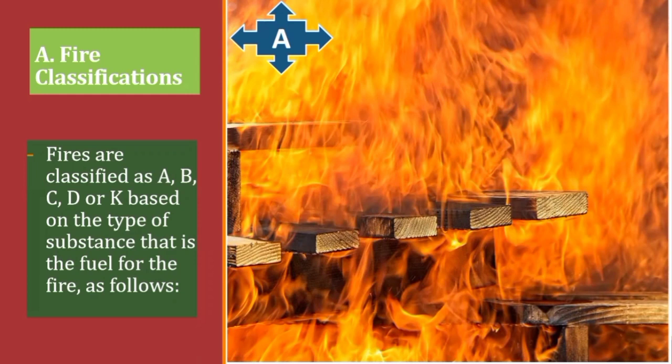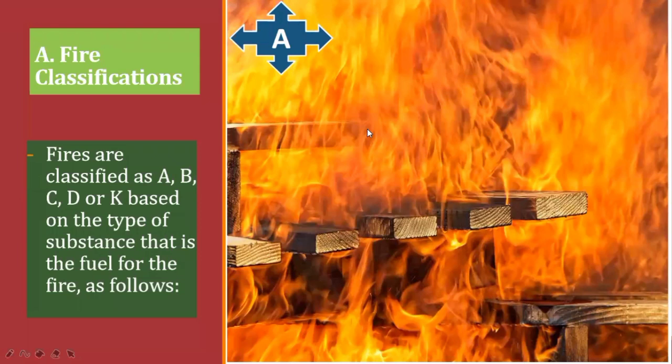Cardboard. What we see in the picture is wood. So it includes furniture or fixtures and also fittings. It could even be the structure of the building. So those are only examples of class A. These are solid objects or materials.